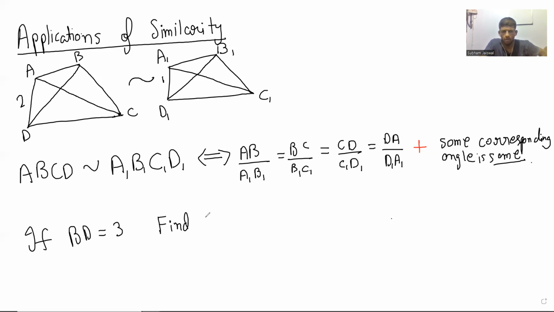Now it looks too simple somehow. So the quadrilaterals are similar. BD is equal to 3. What is B1D1?